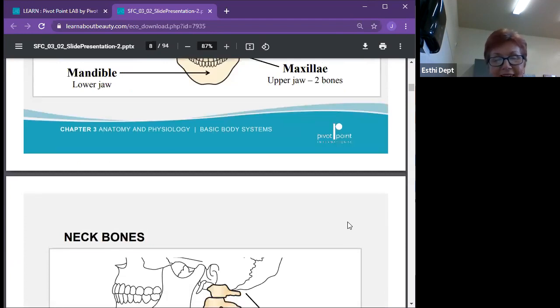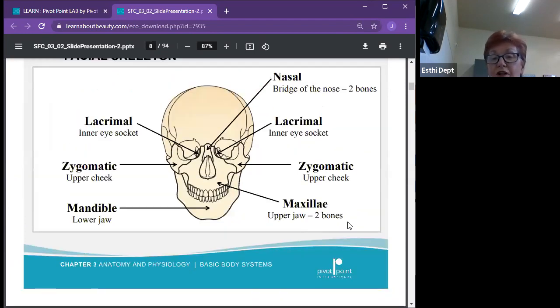So we're going to start back here. You should have frontal as your first word. The frontal is your forehead. It goes from your eyes to the top of your head. That's what you're going to write next to frontal. These are all cranial bones that I'm talking about right now. And you have 1, one forehead.